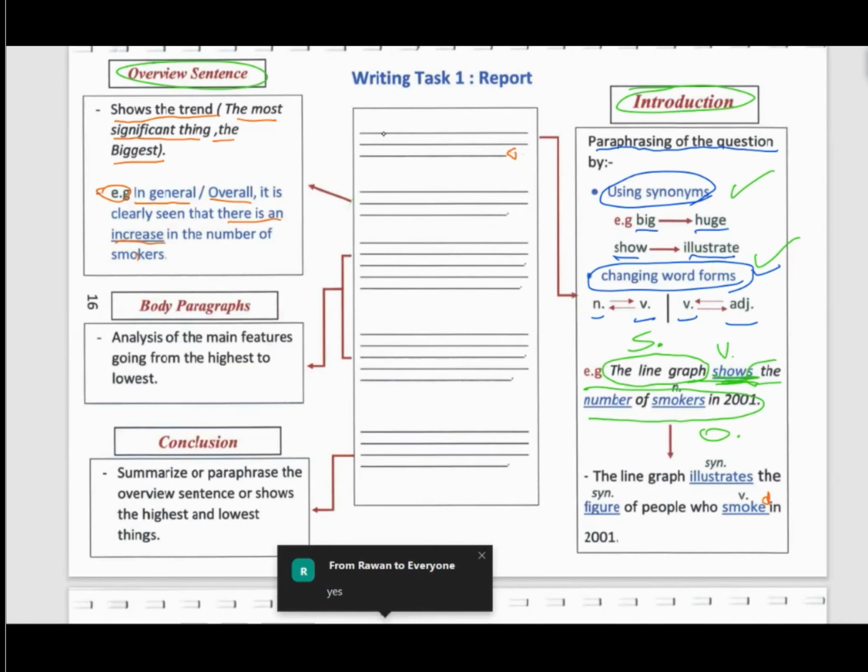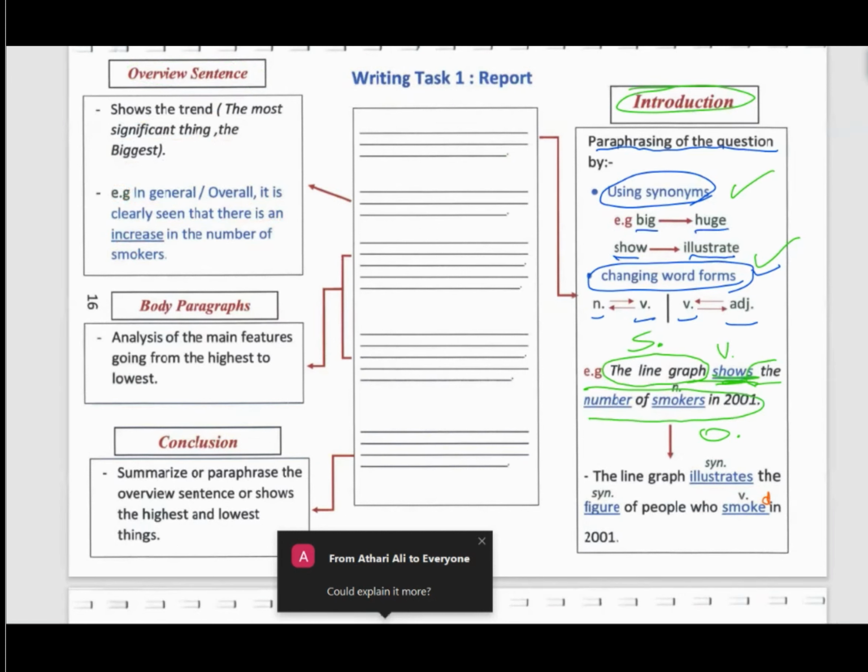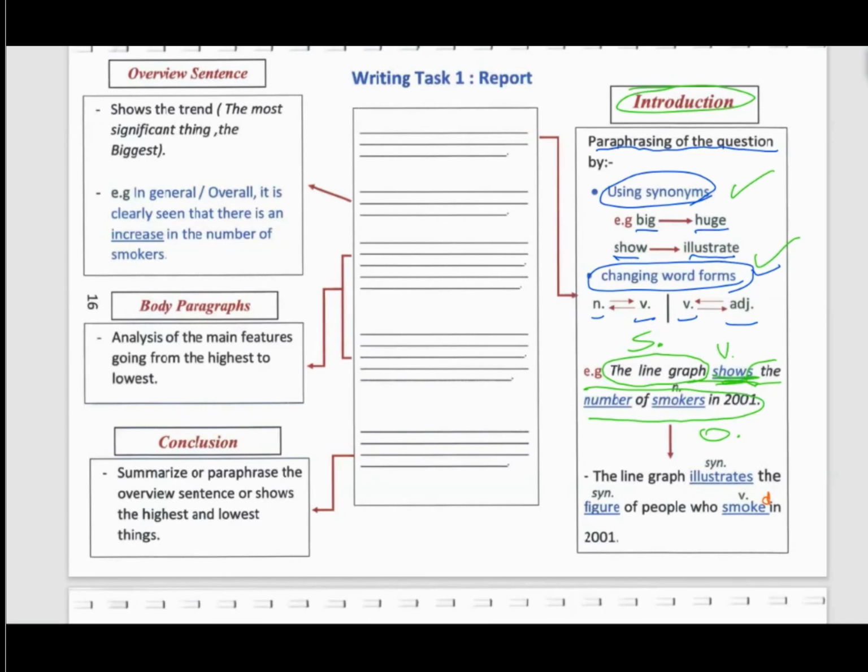Okay, here Rowan was asking about if we can put more details and examples in the introduction and overview sentence, like timing or numbers.